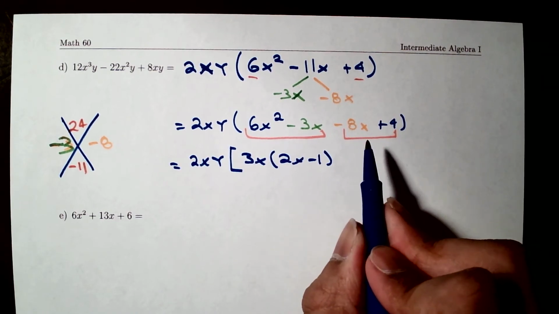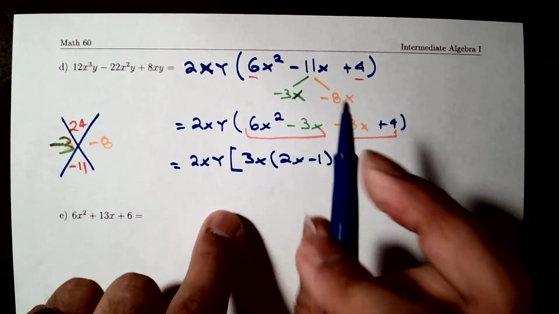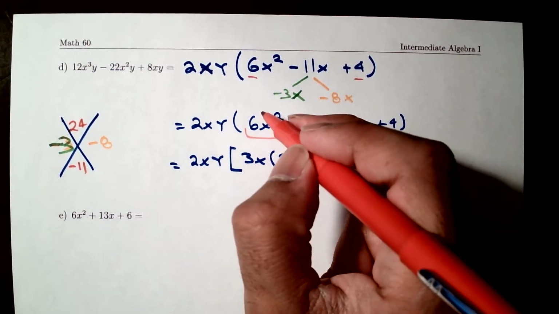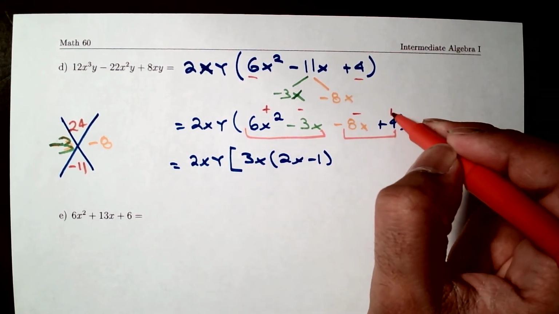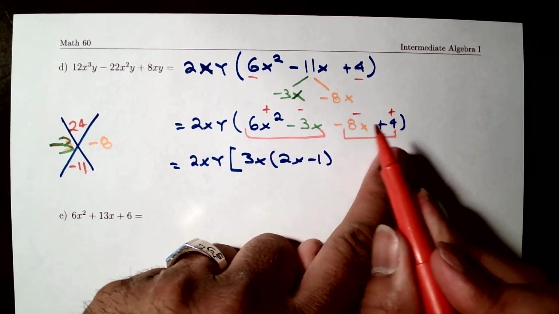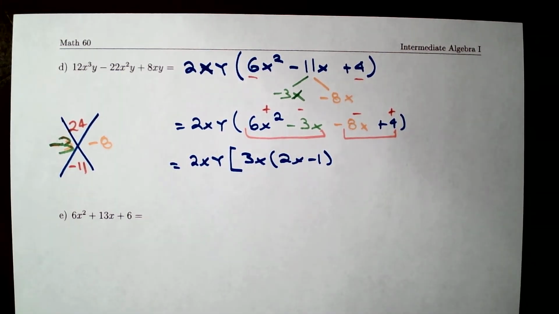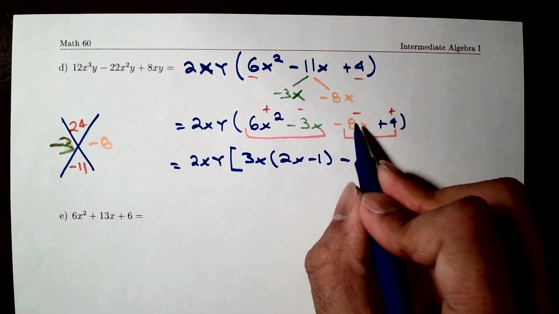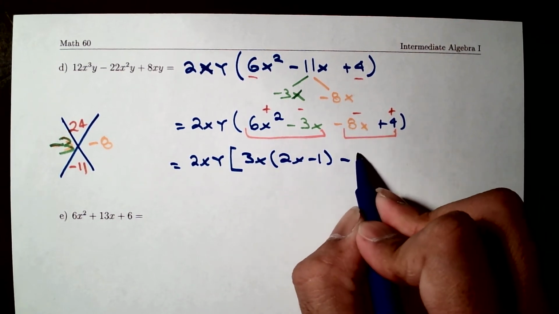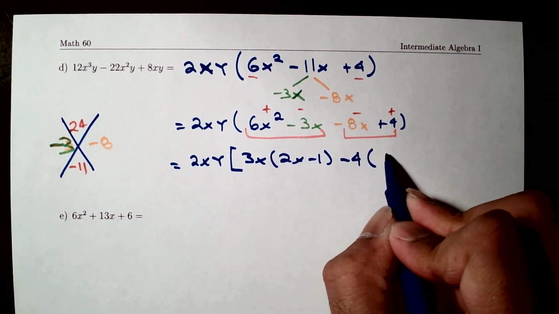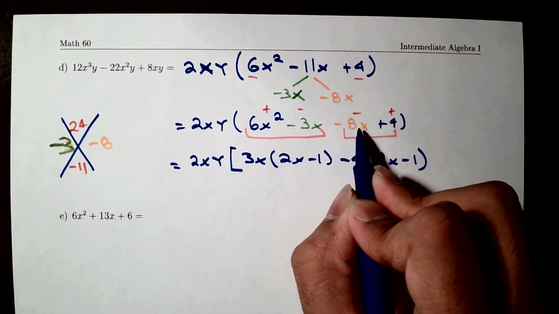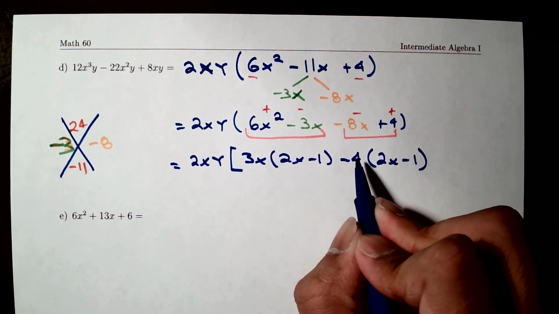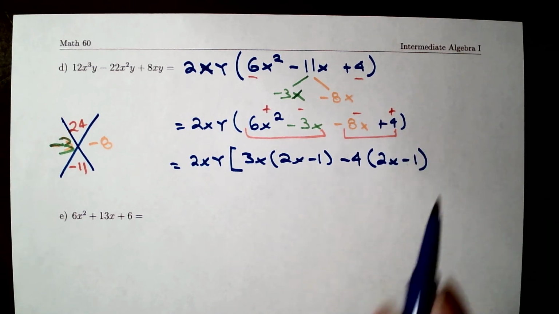And over here, notice I have the arrangement as we did before: positive, negative, negative, positive. I need to have the same order of signs, so we need to factor the negative as well. And what do they have in common? The 4. Negative 4 times 2x minus 1, because negative 4 times 2x equals negative 8x, and negative 4 times negative 1 equals positive 4.